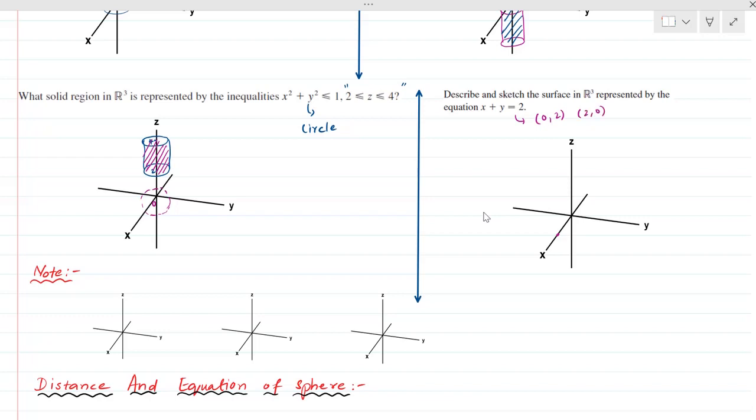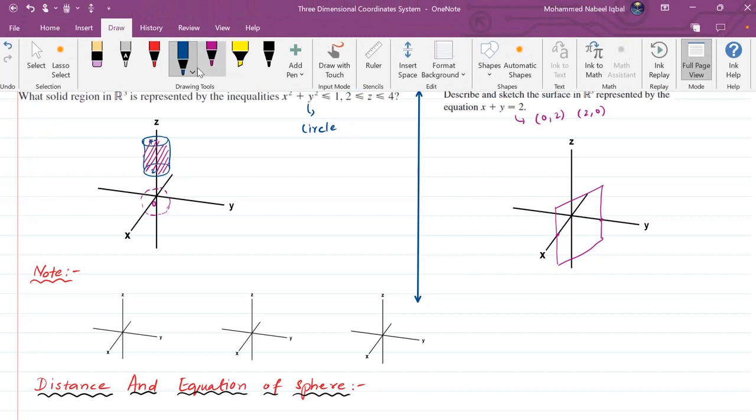By using these 2 points I will get the line. This is 2 dimensions, but we are dealing with 3 dimensions. Therefore, the curve will extend along the z direction, so it will be like this. So this is the plane.